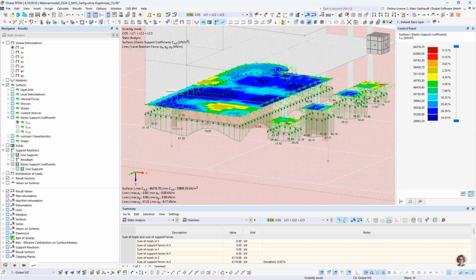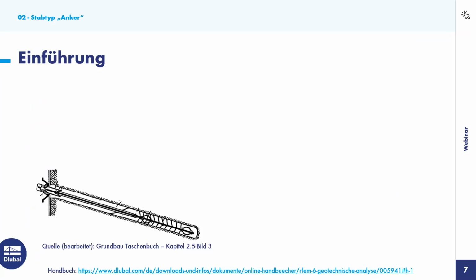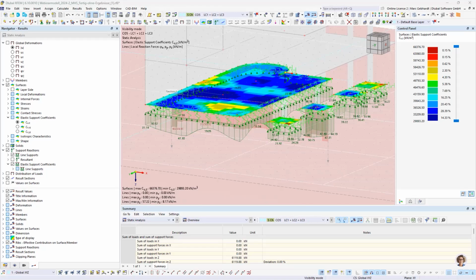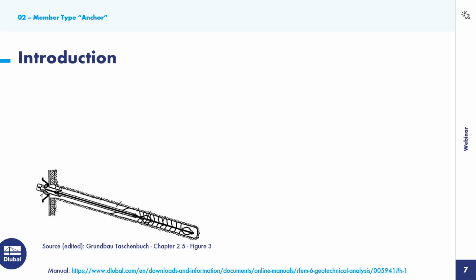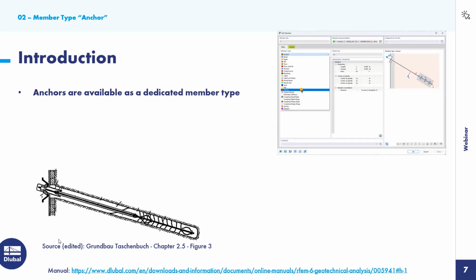So we're going forward to the next point, and I'll show you our next exciting feature, the anchors. Anchors are now available as a new member type within the Geotechnical Analysis add-on.